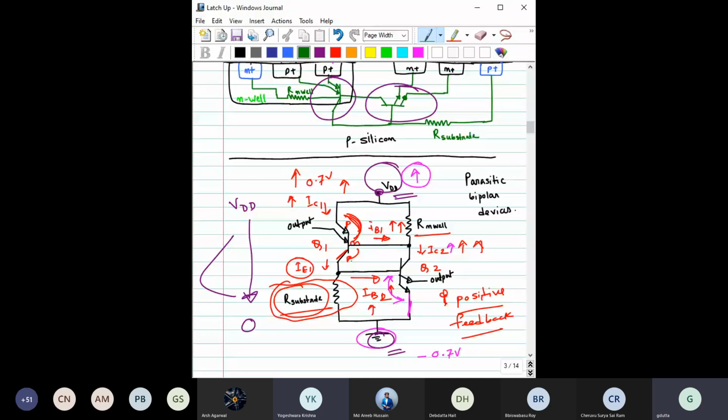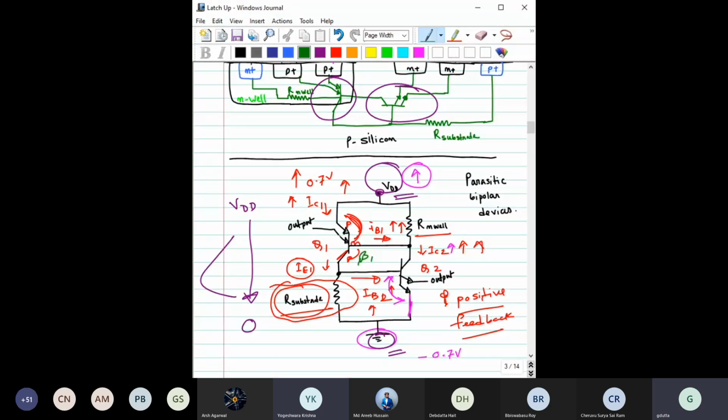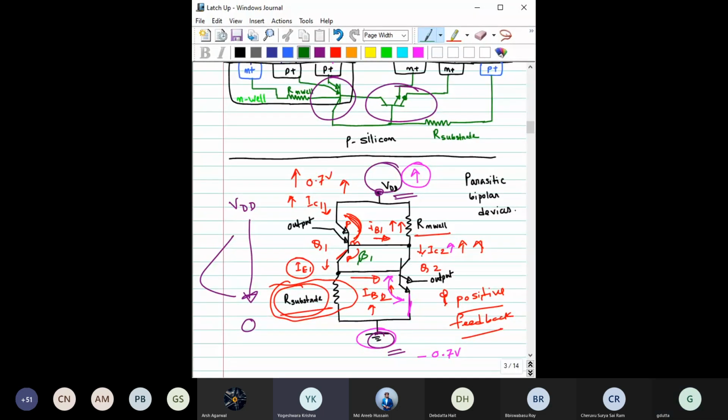Say the gain of this transistor is beta 1 and the gain of this transistor is beta 2, right? So for every cycle, the product beta 1 times beta 2 has to be greater than 1, right? Then only it will sustain that loop. Otherwise it will break, right?